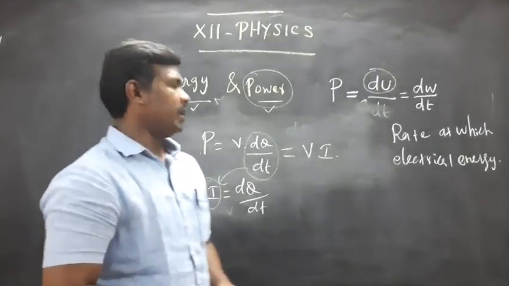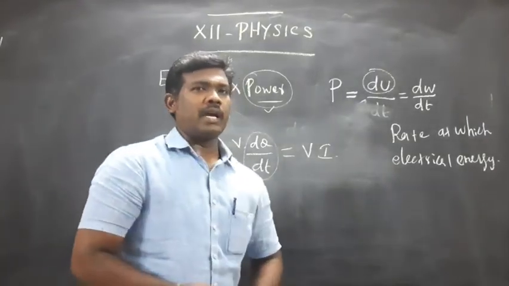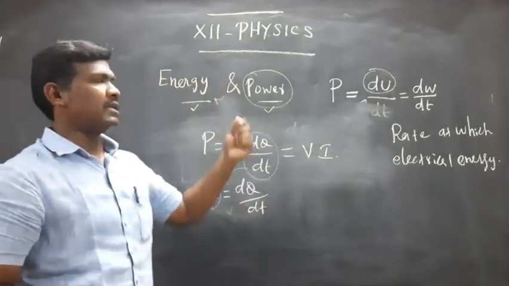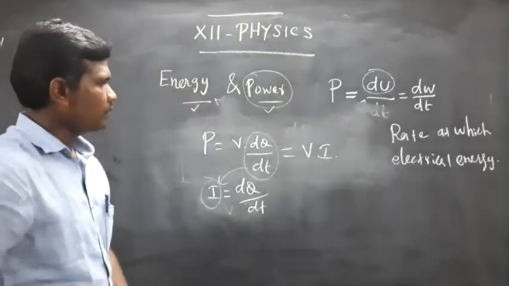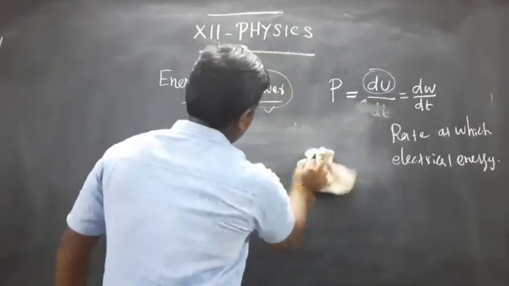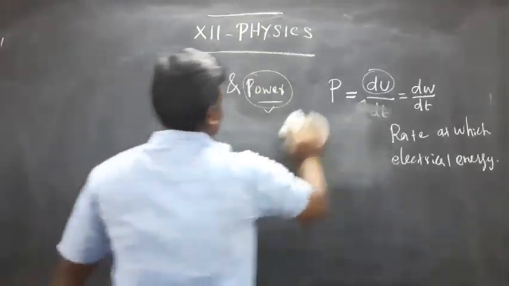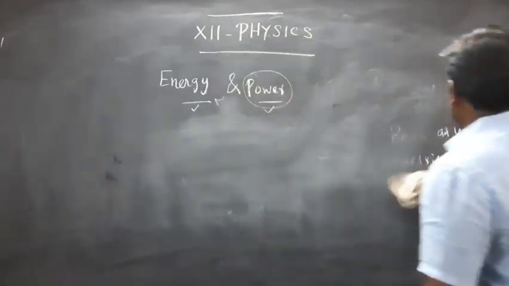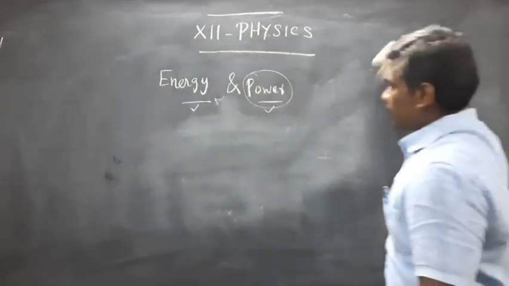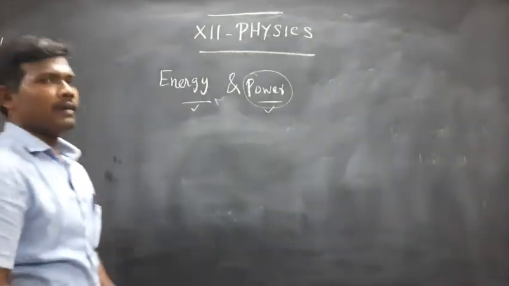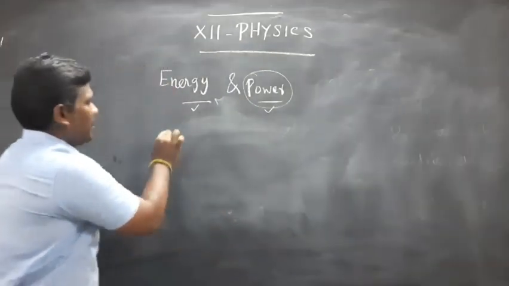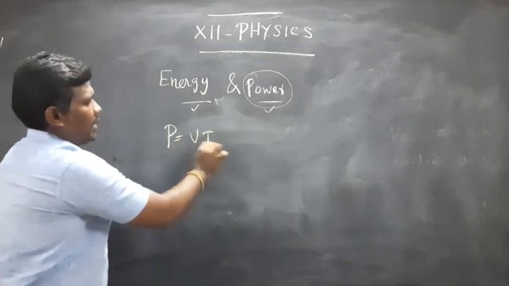Next we are going to discuss the unit for electrical energy and the unit for electrical power. For power, we get the formula P is equal to VI.